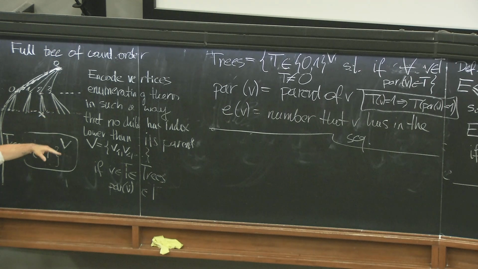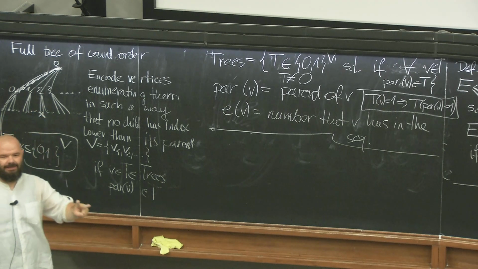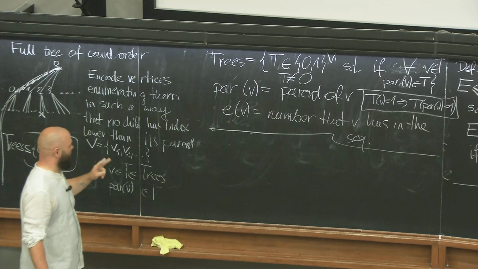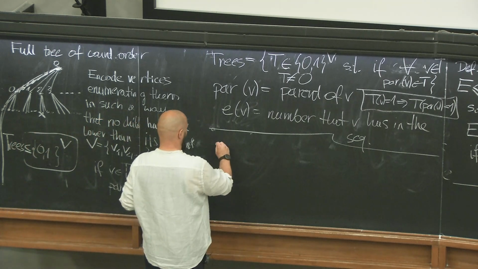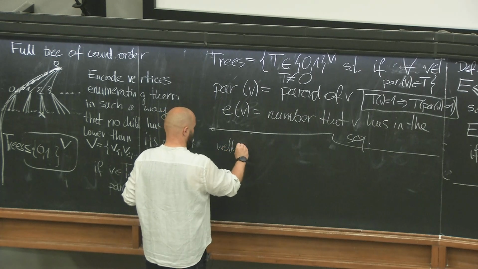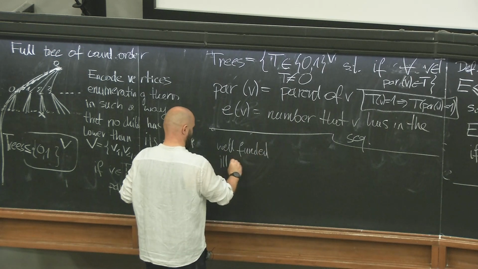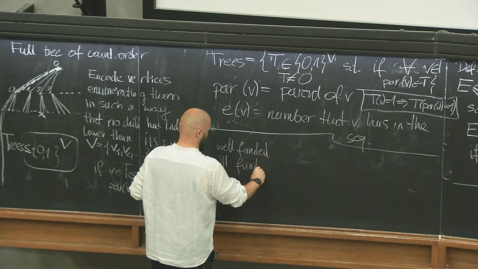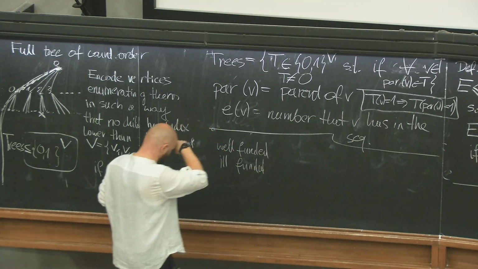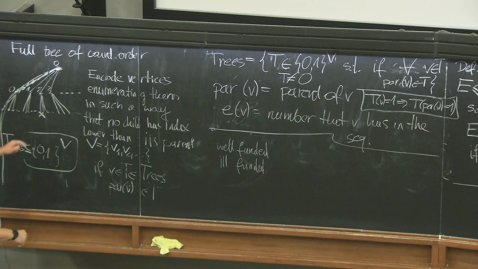Trees can be of two kinds: well-founded and ill-founded. So what is an ill-founded tree? It is a tree which contains at least one infinite path.